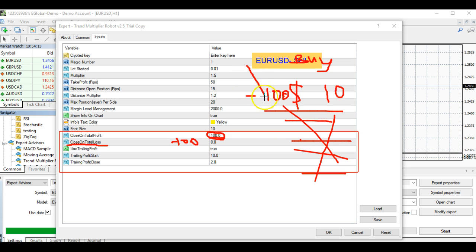The moment it reaches minus 100, negative $100, all the trades will be closed and you are losing 100 USD. So if you feel that you need to put a stop loss, then it's up to you. But if you feel it is very painful to accept losses, just put it at 0 and then wait for the market to reverse back.